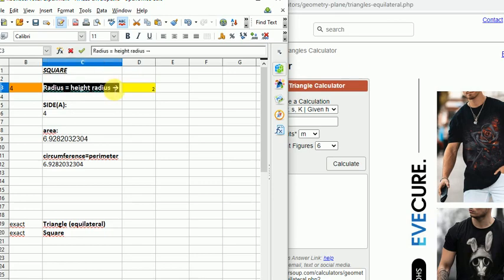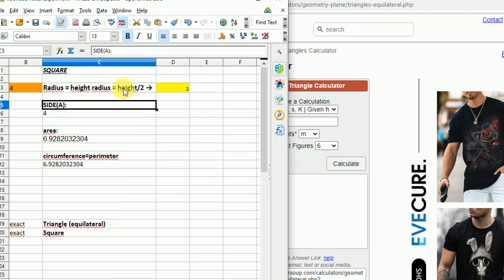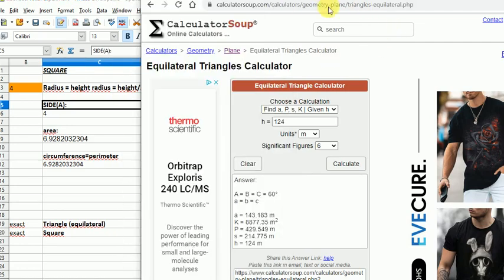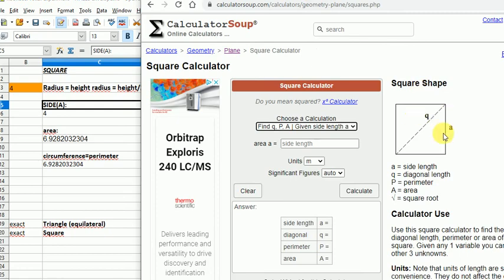If I actually put here radius equals height divided by 2. The height of a square, i.e., if that's a square and the side length is the height.